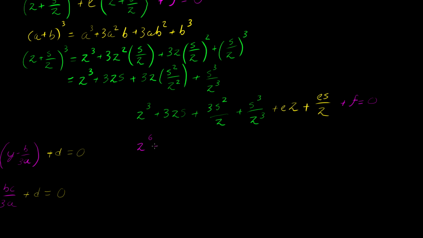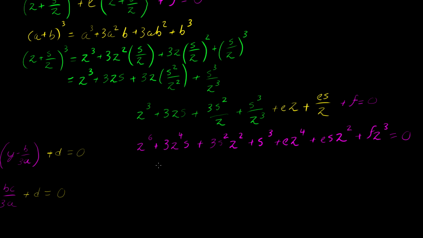We're going to get z to the 6th plus 3z to the 4th times s plus, I believe this is going to be 3s squared z squared, and then we're just going to have plus s cubed, plus ez to the 4th, plus esz squared, and then plus fz cubed, and all of that is going to be equal to 0.